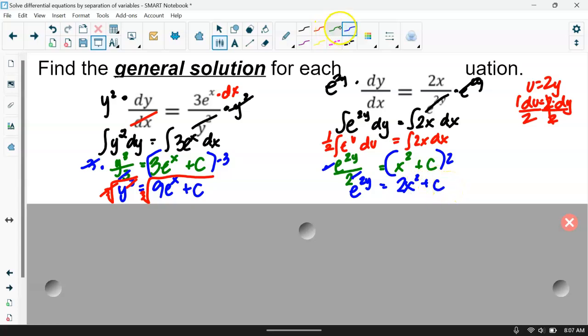Now, how do we solve equations that have e? Well, inverse operation: the inverse of e is natural log. So natural log here.